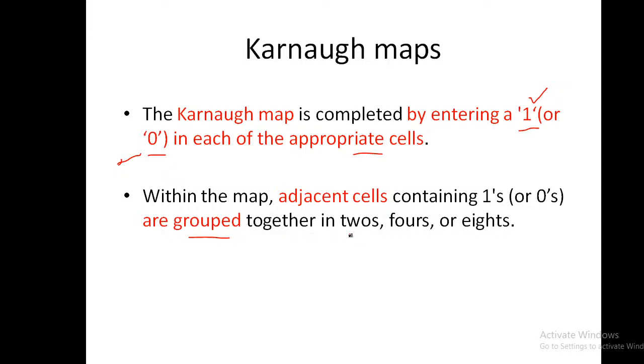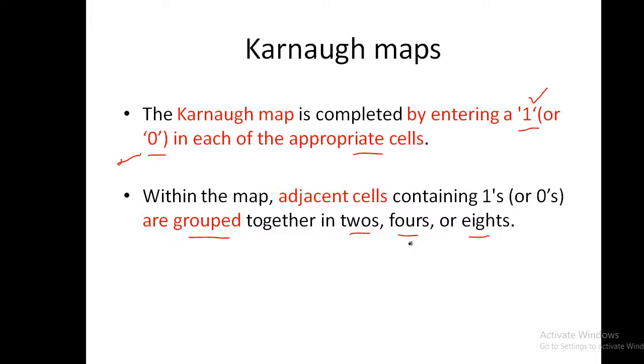If 2 ones you are grouping, that will make a pair. If 4 ones, that will make a quad. And if you make a group of 8 ones, it will be simply an octet. Pair, quad and octet, these 3 terms we will be using frequently while solving the Kmap.